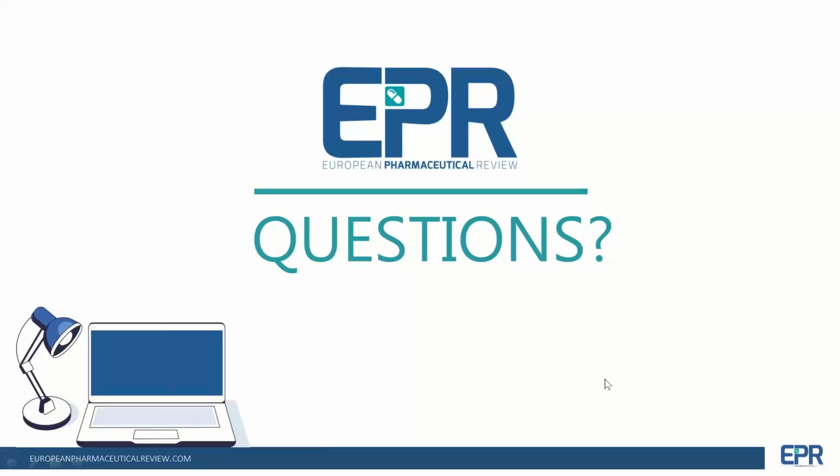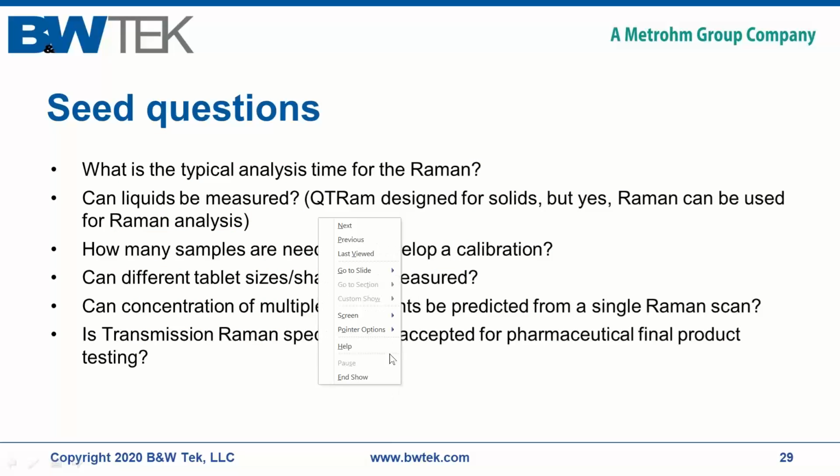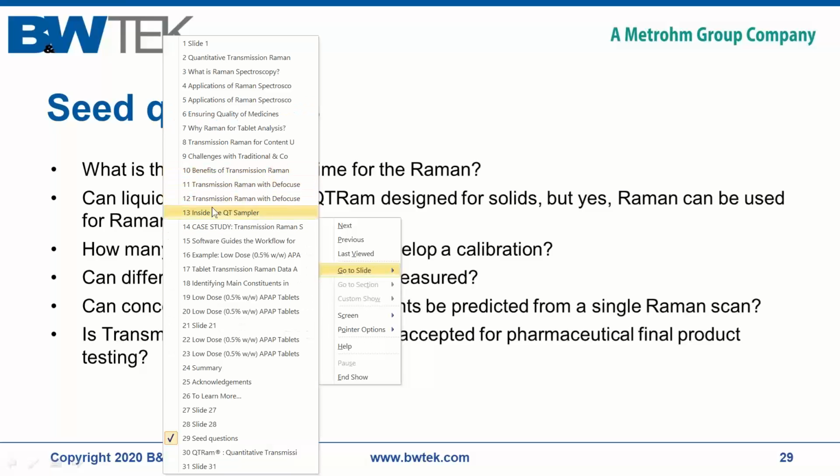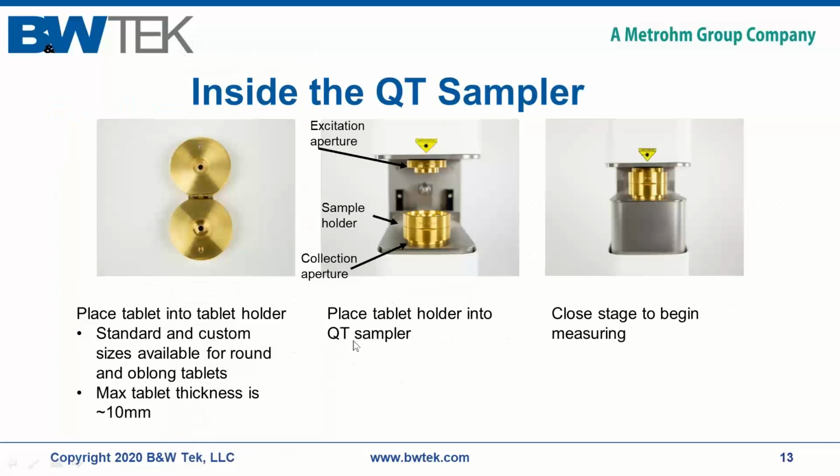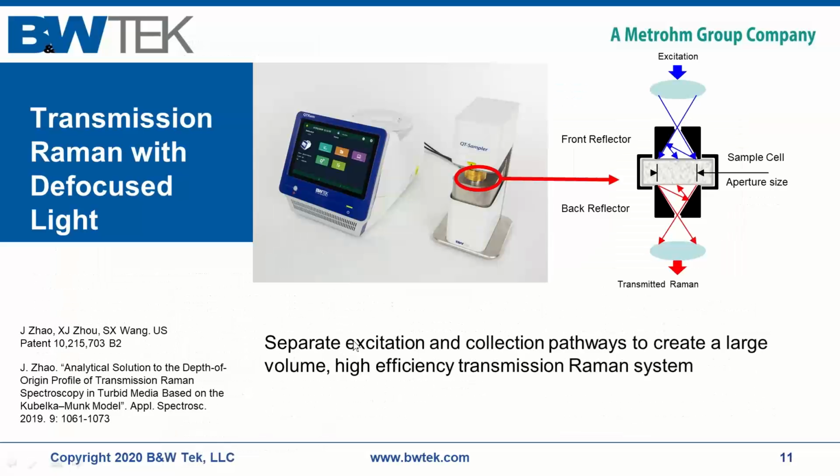So our next question, you mentioned signal enhancement techniques. Are you able to provide more information? Yes, let me go back to that, our signal enhancement. There are some publications that we have on that, as well as our patent, but the idea is that this is a highly reflective material. It's actually gold coated within the holder.